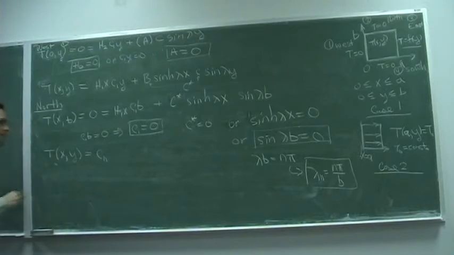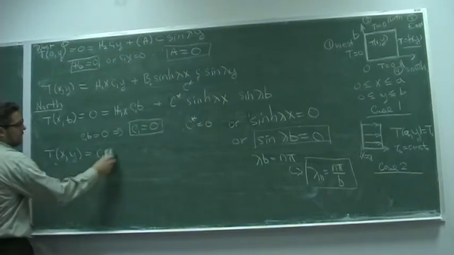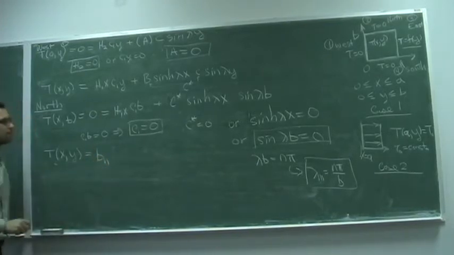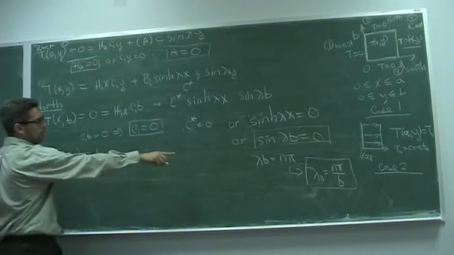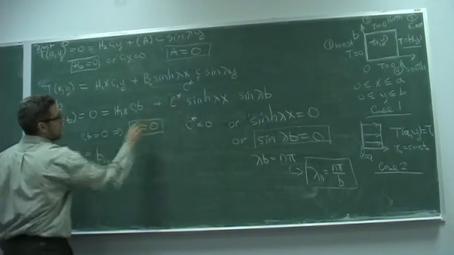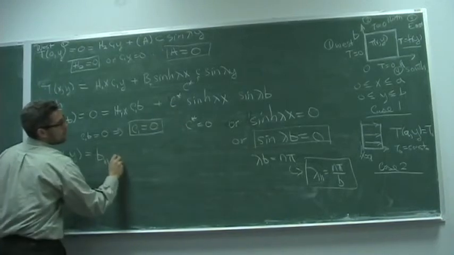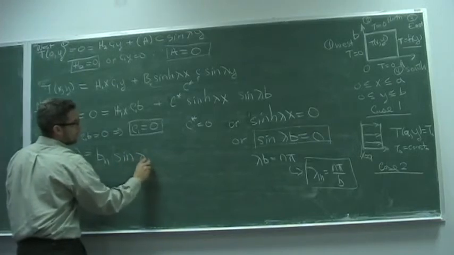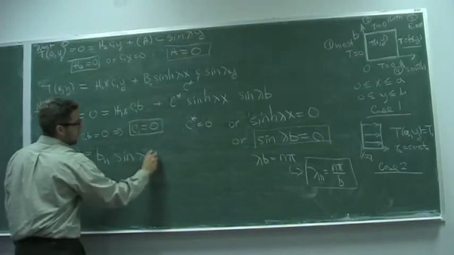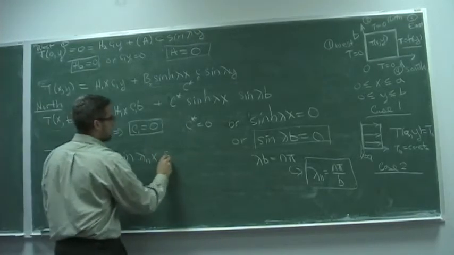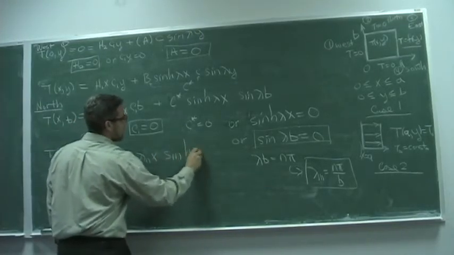In fact, let me change it to a different term, just so you're familiar with it. Instead of c sub n, let's call it b sub n, like in Fourier. We can call it any constant we want. So we have b sub n times sine lambda n x times sine hyperbolic lambda y.